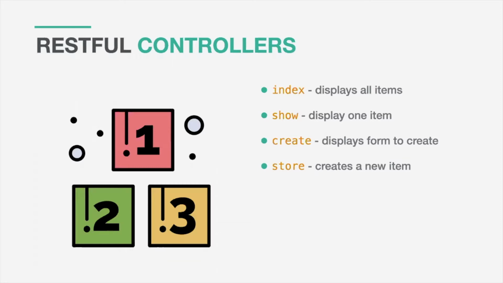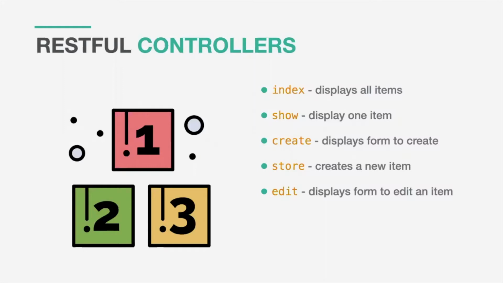And then, of course, we need to edit items, make changes to the items. So again, we would have just an edit method that would display the form that would edit the item. Now, create and edit will be very similar. They could even share the same form. The only difference would be that the edit form would be pre-filled with whatever the item's data is.